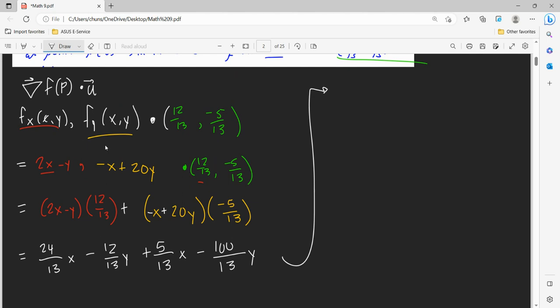So when we simplify this out, this is going to be 24 plus 5 over 13, so it's 29 over 13 in our x. And for our y, it's minus 112 over 13.